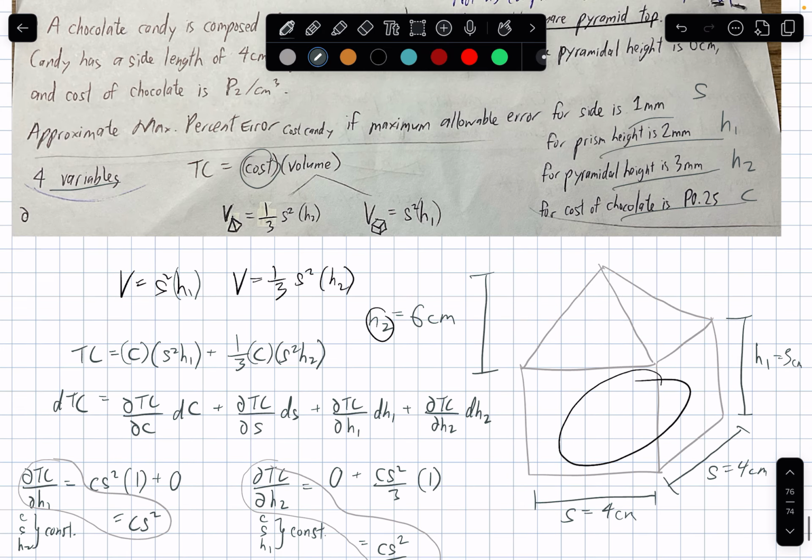Do we have dC, dS, dH1, and dH2? Actually, they have been provided already. It's these values: the maximum allowable error for each of the variables.